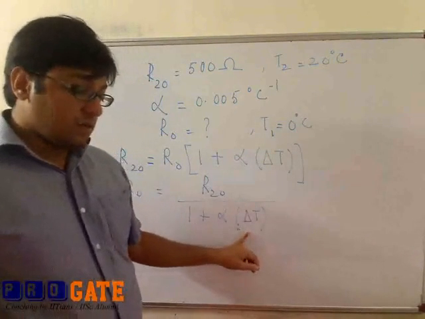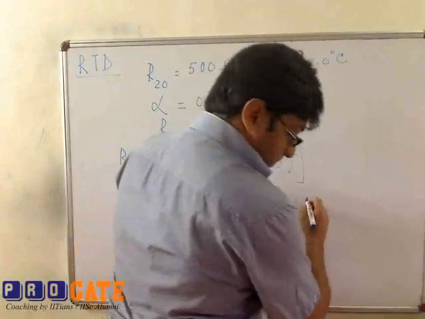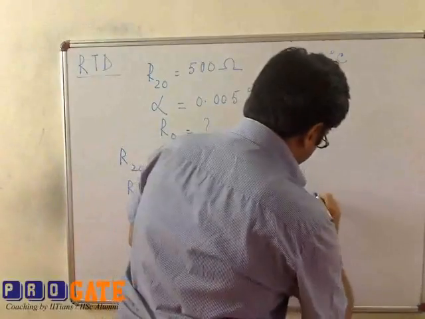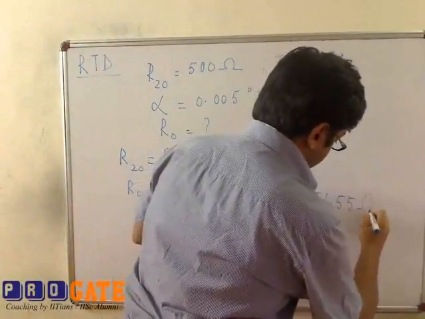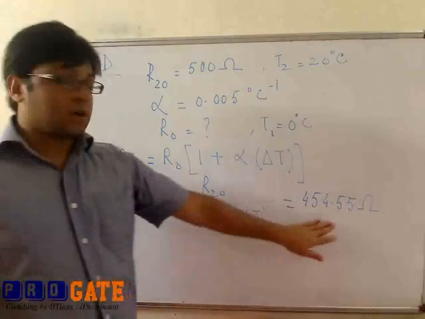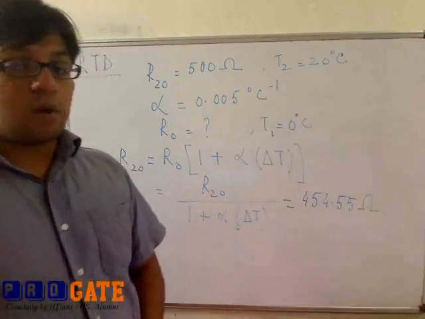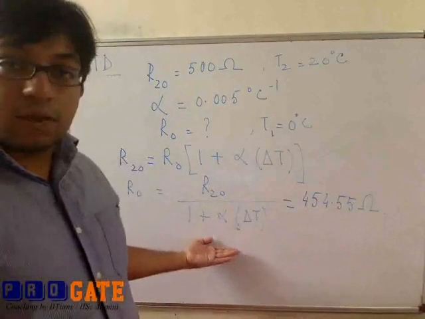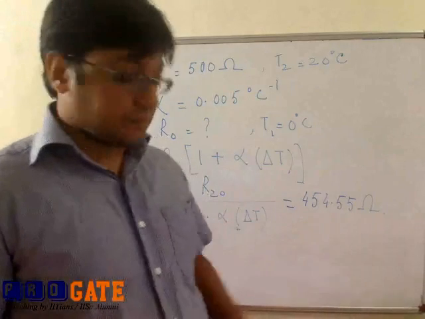Substituting these values, we would find that R0 turns out to be this, which would approximately be the value of R0. I would request all of you to do the necessary calculations and verify whether this answer is correct or not.